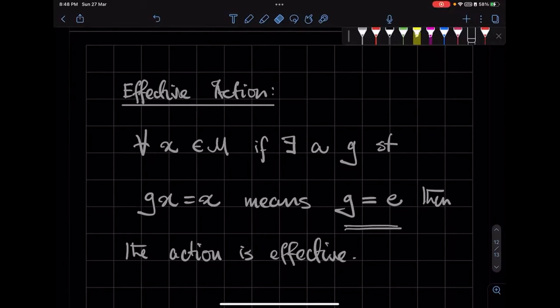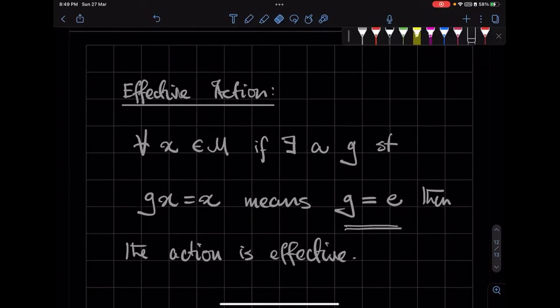So what would be an example of an action that is not effective? Can someone come up with an example? I actually haven't thought about it, so I don't have an example ready, but we should be able to, right?